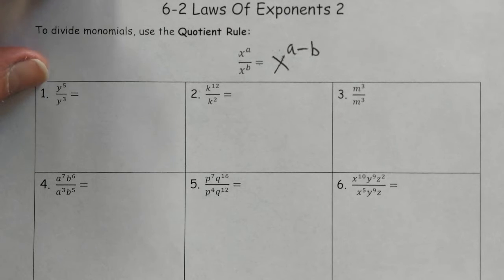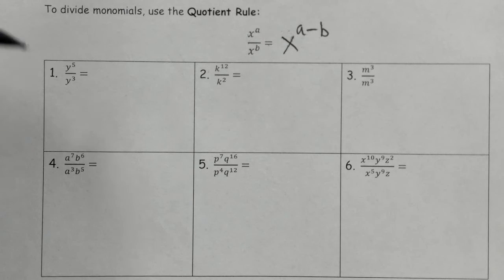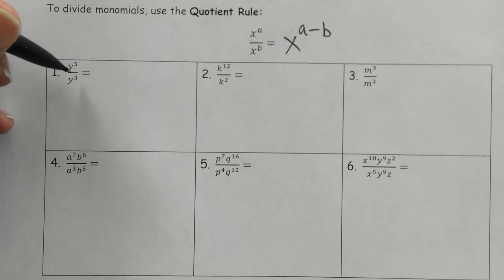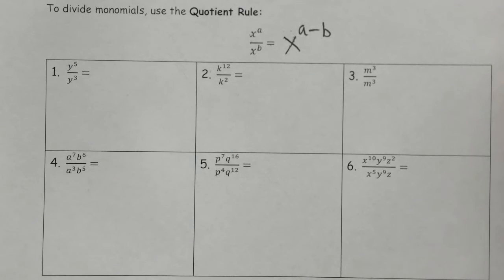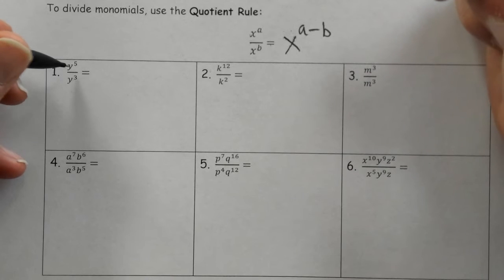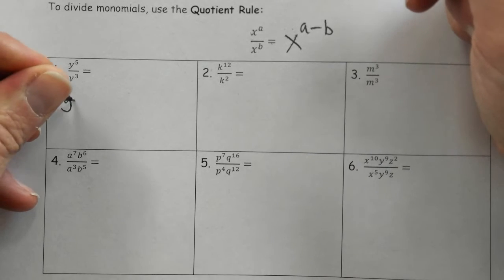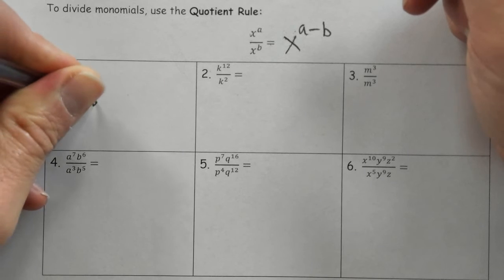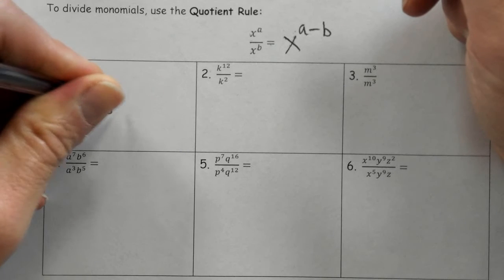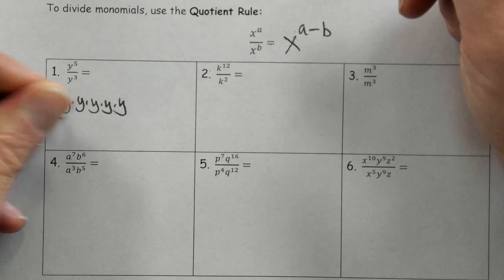Okay, so let's look at number 1. So it says y to the 5th divided by y to the 3rd. Okay, so here's really what's happening. Y to the 5th, remember, means y times itself 5 times: 1, 2, 3, 4, and 5. All right?